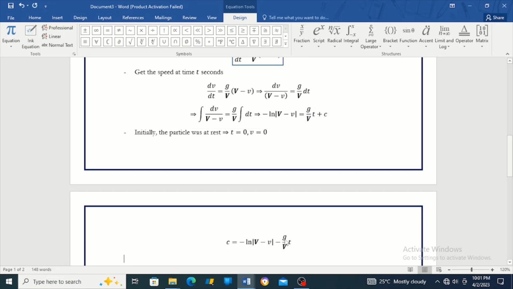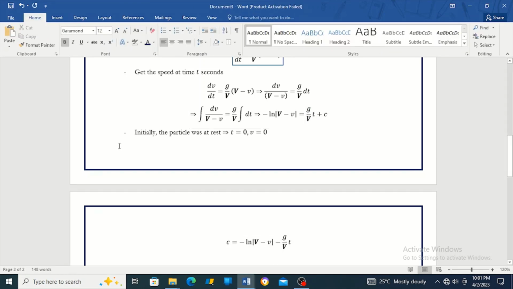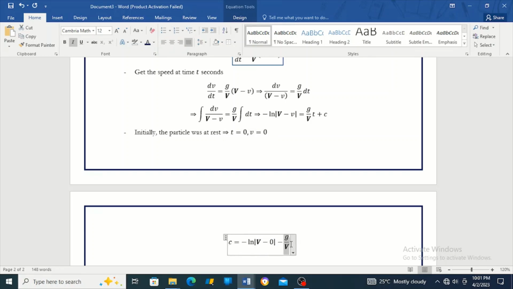So when t is 0, v is 0. I just need to replace t with 0. This term becomes 0, this term just becomes v, so that is my c. So having c to be this, I can just put it up here. This implies that c is equal to that.